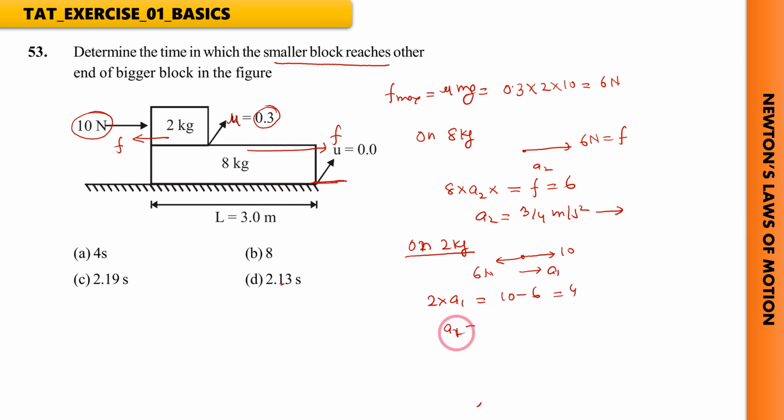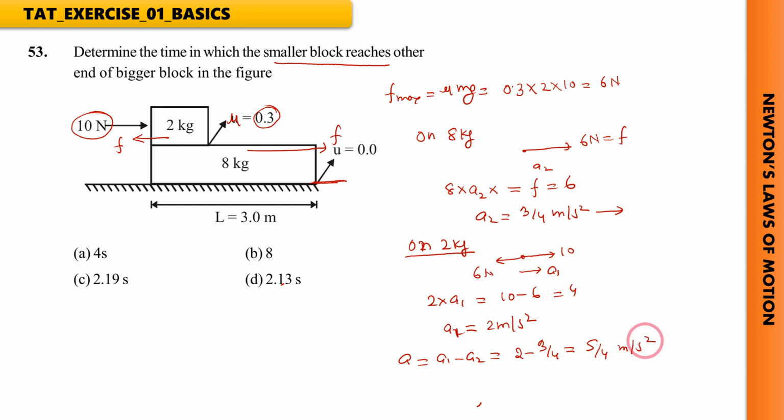So a1 is coming as 2 meter per second square. What is the relative acceleration? Relative acceleration will be a1 minus a2, the acceleration of the 2 kg block with respect to the 8 kg block. So it is 2 minus 3 by 4, which will give you 5 by 4 meter per second square.